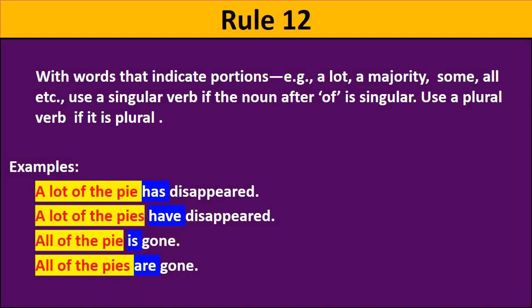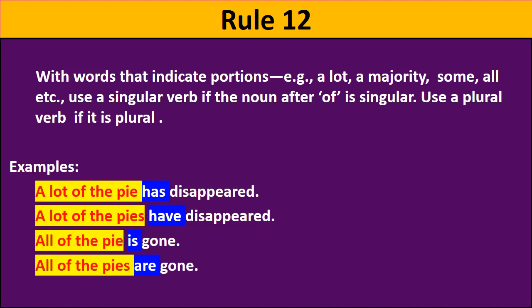Next rule, with words that indicate portions, for example, a lot of, a majority of, some of, all of, etc. Use a singular verb if the noun after of is singular, and use a plural verb if it is plural. For example, a lot of the pie has disappeared.